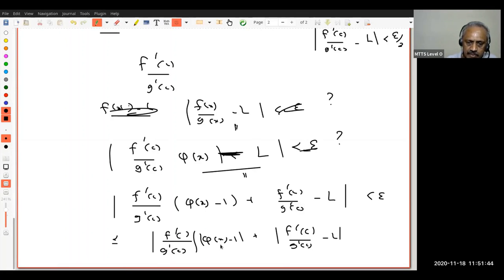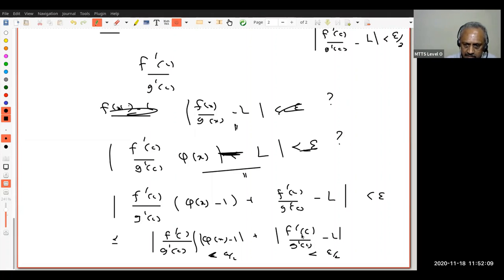Now what can I do? I know I can make this less than epsilon by 2 and this less than epsilon by 2, right? Now notice that this is fixed, but this f'(c) by g'(c) has an obvious bound, because this shows f'(c) by g'(c) for c greater than or equal to r will be less than L plus epsilon by 2.